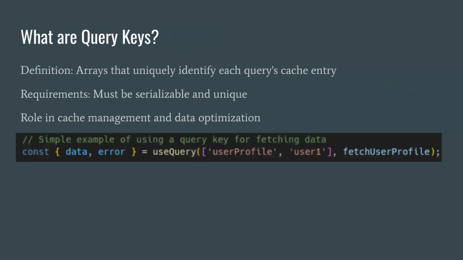What are query keys? Let's try to understand what query keys are. Essentially, these are arrays used by TanStack Query to uniquely identify and cache each query's data. In order for a key to be effective, it must be both serializable and unique.